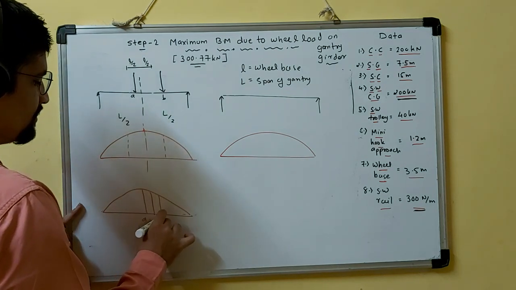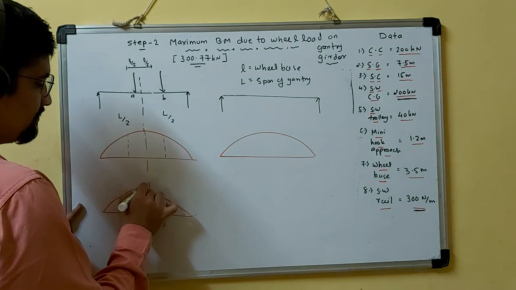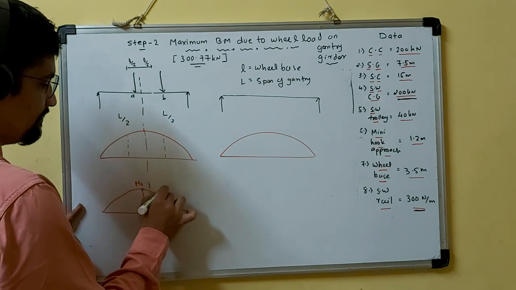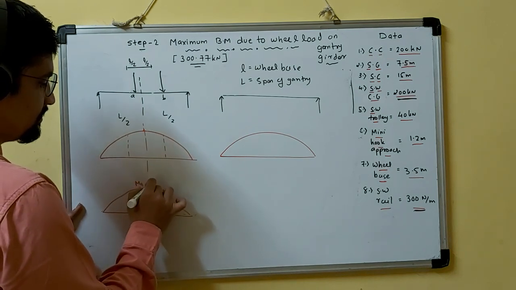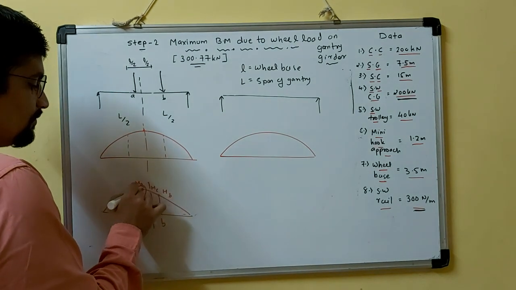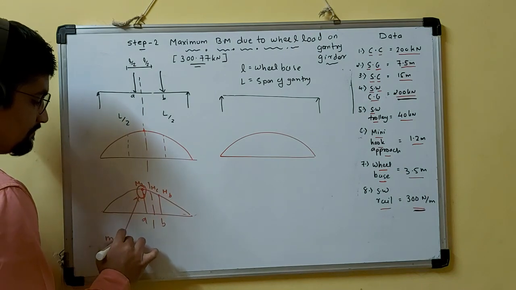This is A point, this is B point, and this is the center. So the maximum bending moment is here: moment at A, moment at B and moment at center. Take it. So this is due to wheel load, maximum bending moment due to wheel.